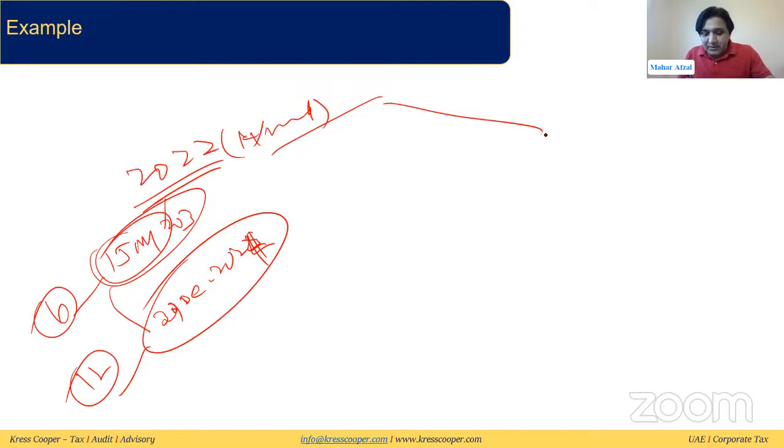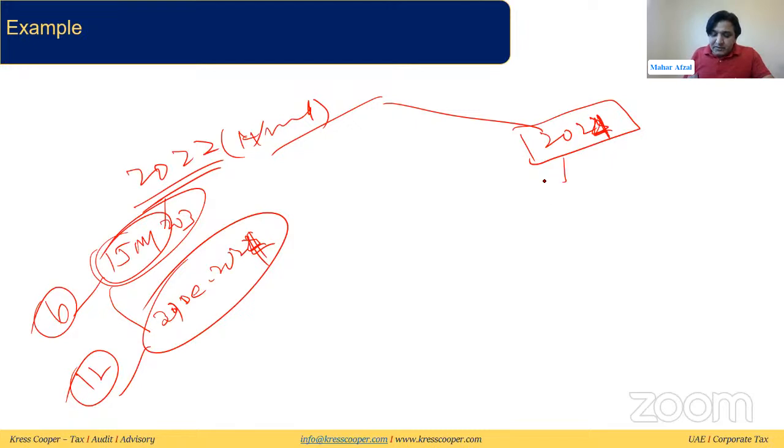Now, if they have crossed the threshold in 2023 or in 2024, in any period, assuming they have crossed the threshold in January, February, March, April, May, December, it doesn't matter. If they have crossed the threshold in 2024, the reporting starts from the first tax period starting after the end of the calendar year.